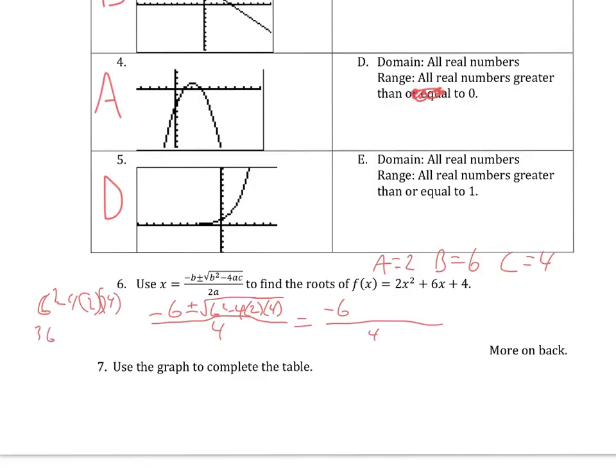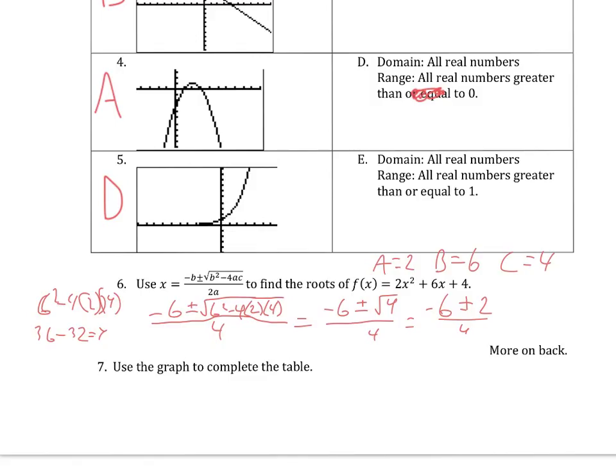So that's 36. 4 times 2 times 4, that's going to be 32, which leaves 4. So I'm looking at plus or minus the square root of 4. But the square root of 4, that's just 2, all over 4. So let's do that math.